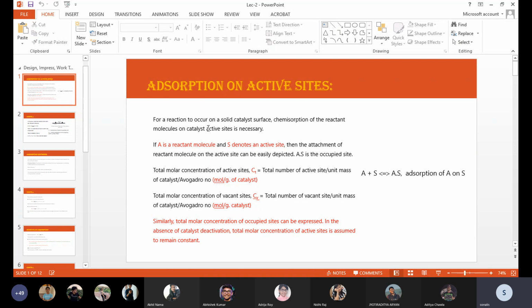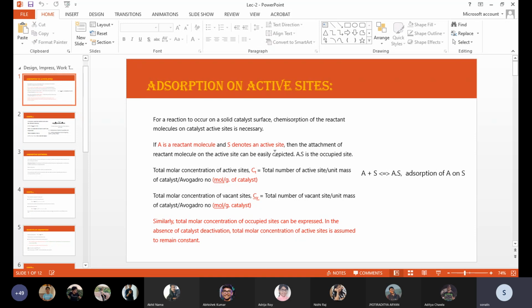For a reaction to occur on a solid catalyst surface, chemisorption of the reactant molecules on the catalyst active sites is necessary. Without chemisorption, no reaction is possible. If A is a reactant molecule and S denotes an active site, so on the catalyst surface, there are definite centers, definite points.